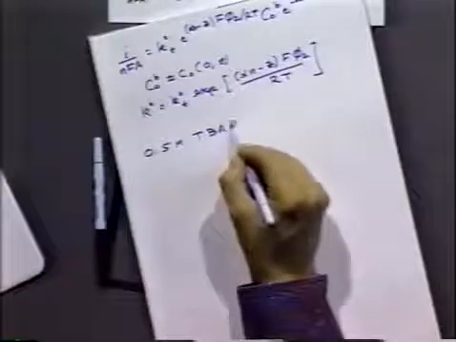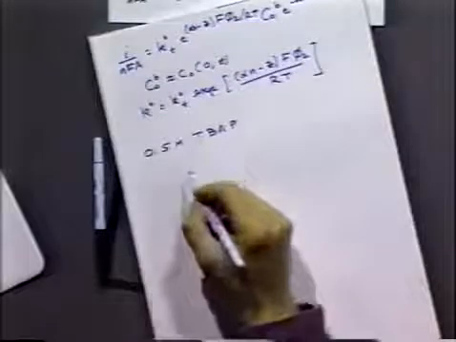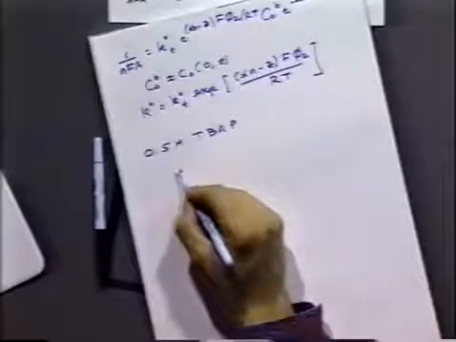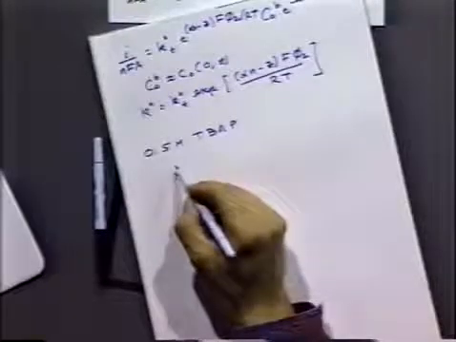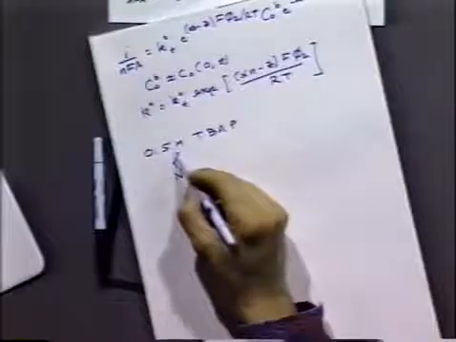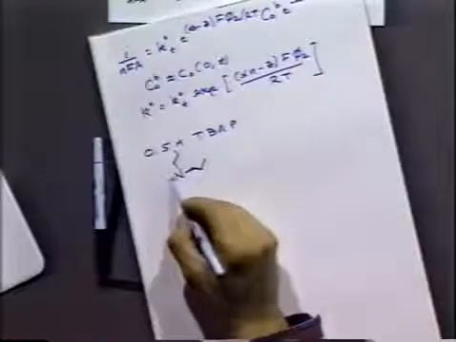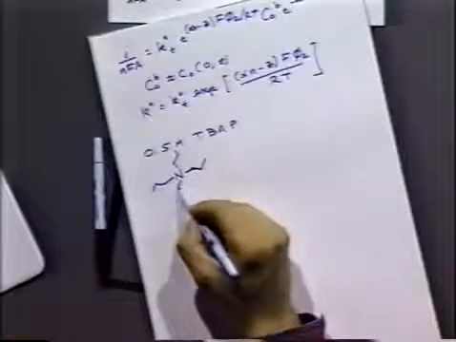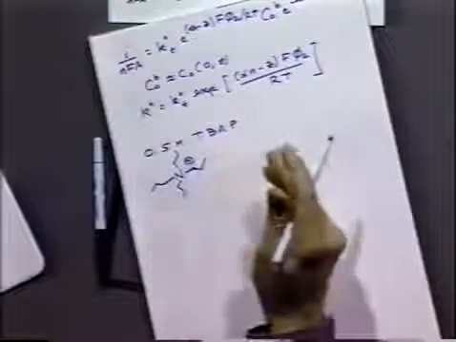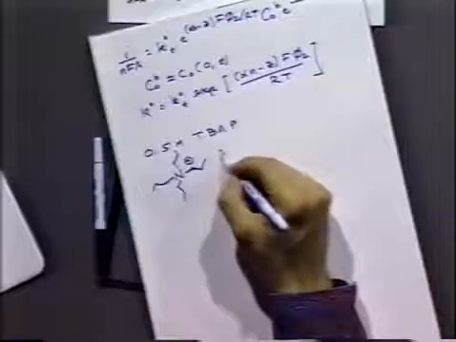Just for example, half molar tetrabutyl ammonium perchlorate, TBAP. We often use these tetra-alkyl ammonium perchlorates, so that would be methyl, ethyl, tetra-n-butyl, something like that, perchlorate.